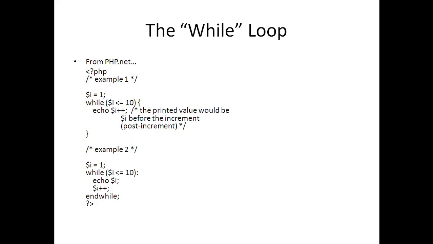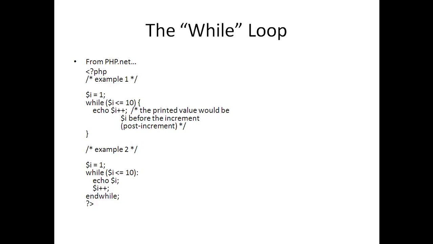In other words, you could echo $i equals $i plus 1, but basically in PHP you have a plus plus version where you can do $i++ or ++$i. The key here is like what the comment says, the printed value would be $i before the increment, i.e. post increment. So what you're going to get is basically the printed value of $i before the increment.